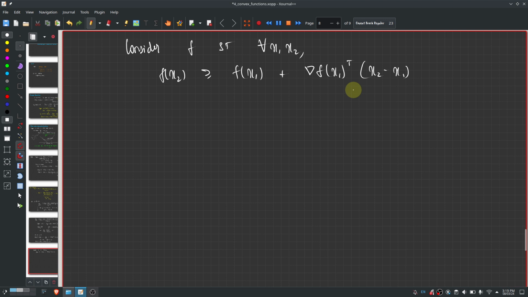So the function always lies above the tangent. If for a function the tangent is always a lower bound on the true function at every point, then we want to show that f is indeed convex.